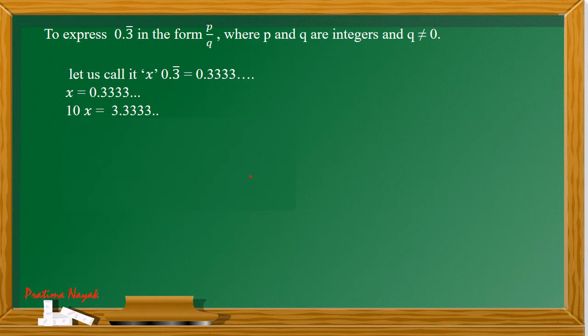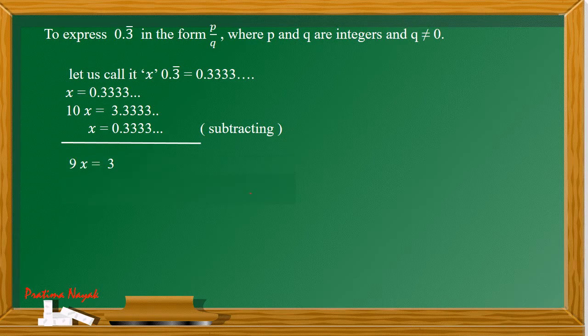So I'll subtract x from 10x. When I subtract 10x minus x, all the decimal parts will be cancelled. 3 minus 3, 0, 3 minus 3, 0, 3 minus 3, 0. So all the digits after the decimal will be 0. So how much will be left? Only 3 minus 0, that will be 3.